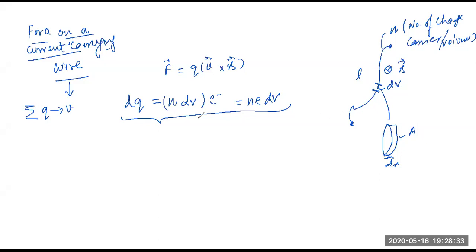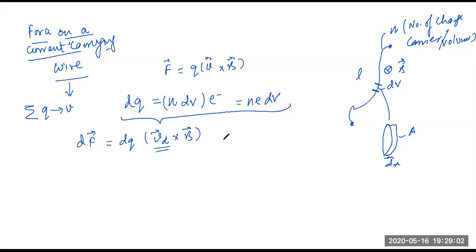Now if I ask you what is dF, that is the force which is acting on this small element, this can be written as dq v_d cross B. What is this? Drift velocity. Why are we considering drift velocity?